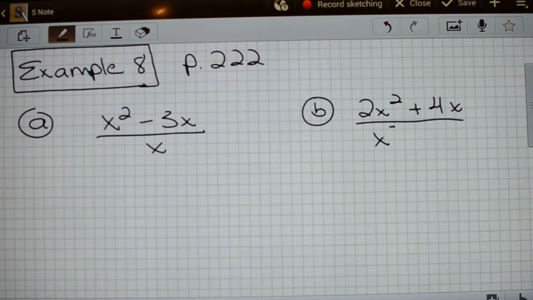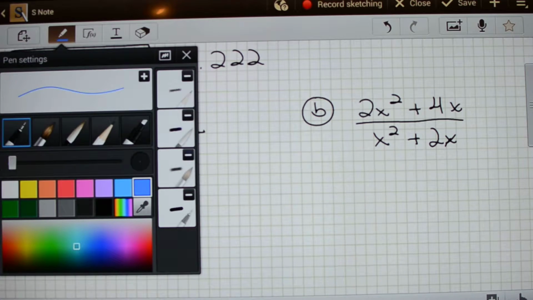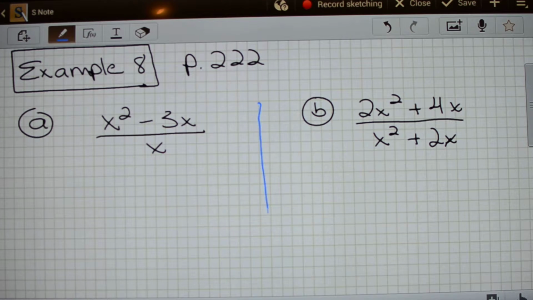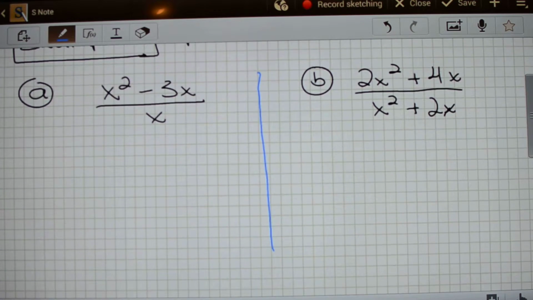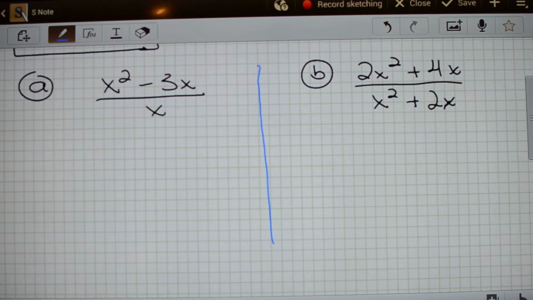You'd be surprised. Sometimes I've seen the answer be something as simple as 1 when you cross cancel everything. Okay, so how you do this is you are going to factor the top and/or the bottom. Sometimes you can factorize the top and the bottom, sometimes just the top, and sometimes just the bottom. But you should factorize what you can.